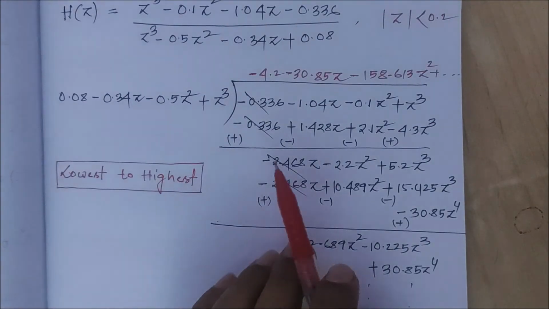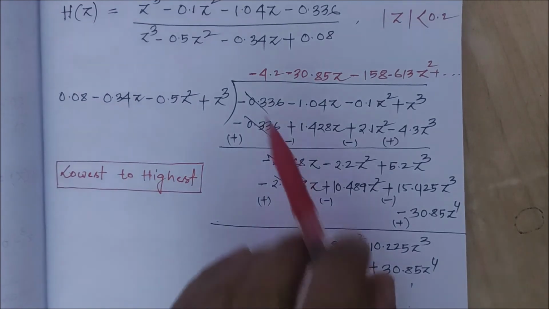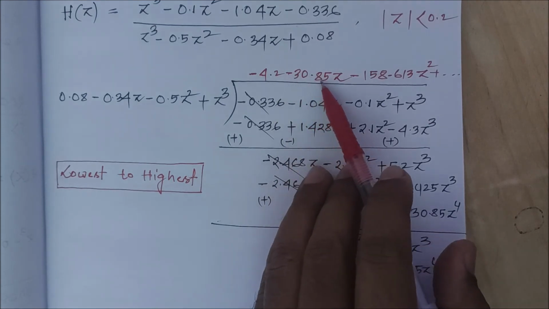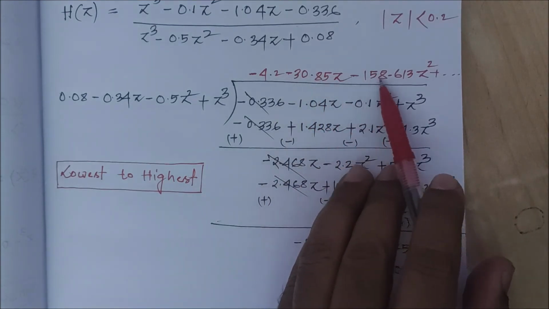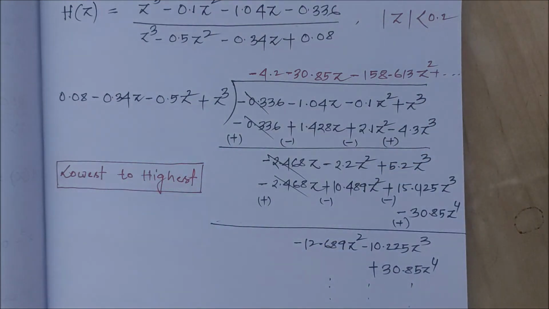Now once we perform the long division, we can see it is also a never ending division, and we finally get the result as minus 4.2 minus 30.85 z minus 158.613 z to the power 2 and so on. So the result has positive powers of z, and basically in the second class of Z transform we have seen that all the powers of z are positive for an anti-causal sequence or for a left side sequence.